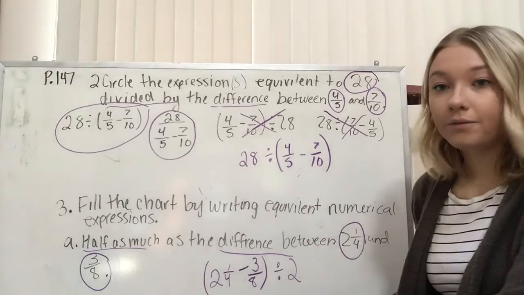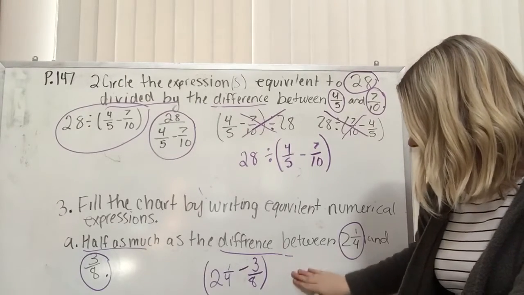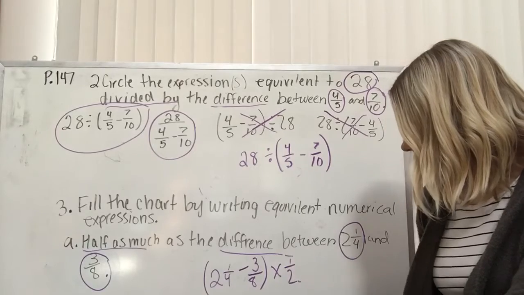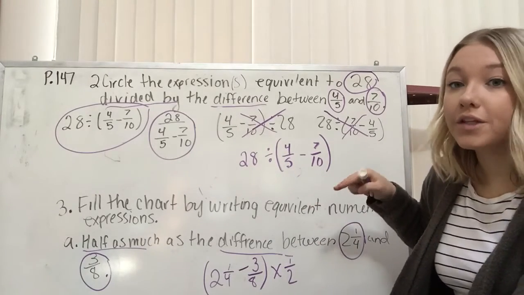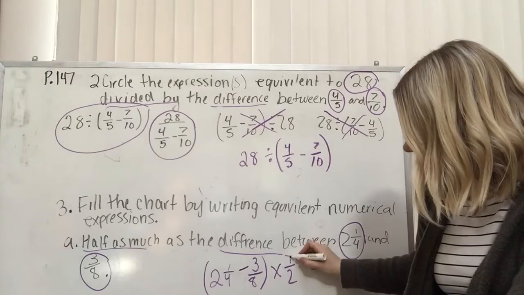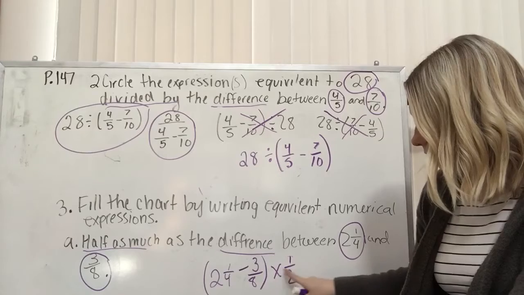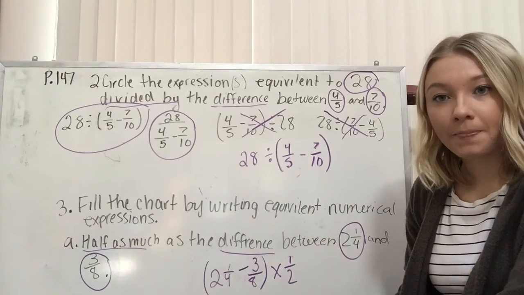With our knowledge of fractions, you can do times 1/2, right? Because that would be the reciprocal of 2. So your answer can either be multiply by 1/2 or divide by 2, okay?